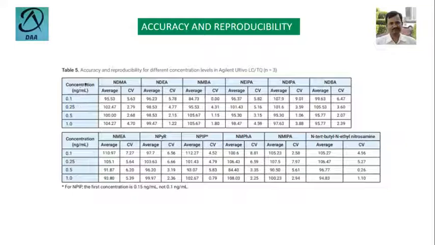For the concentration range from 0.1 to 1.0 nanogram per ml. And for one case, NPIP, the first concentration is 0.15 nanogram per ml, not 0.1 nanogram per ml.